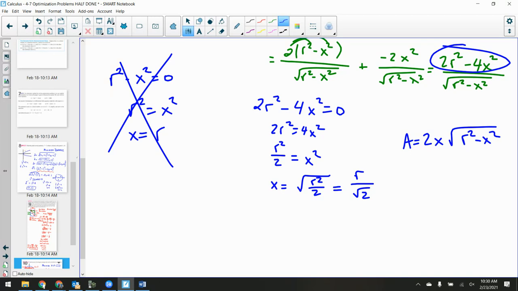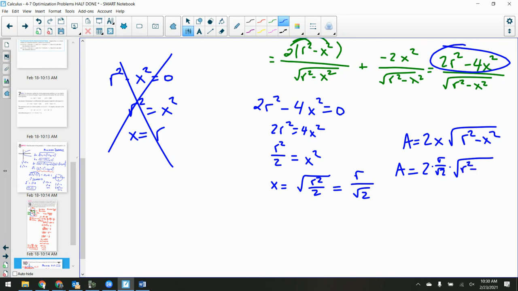Oh, yeah, okay, sorry. Never mind. I couldn't read my handwriting for a second. So 2 times r over radical 2 times the square root of r squared minus x squared.